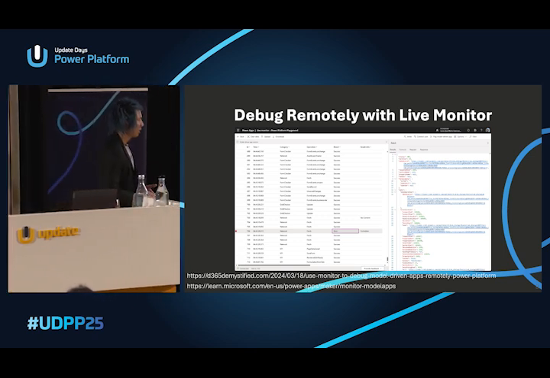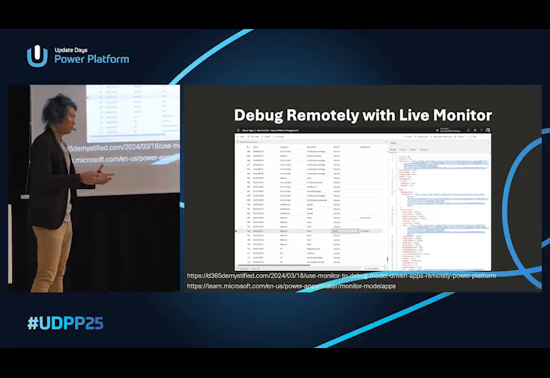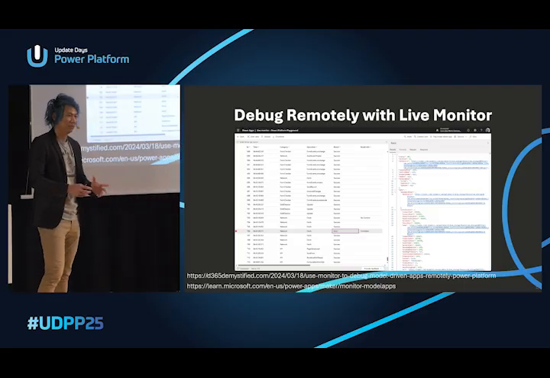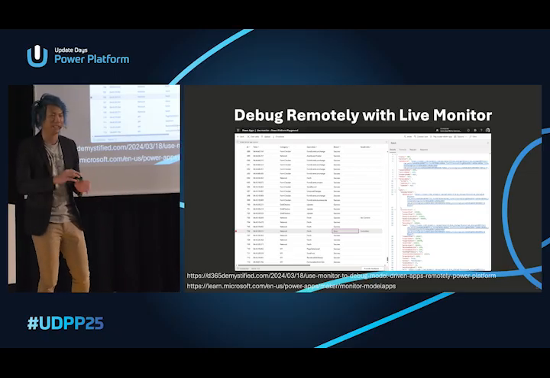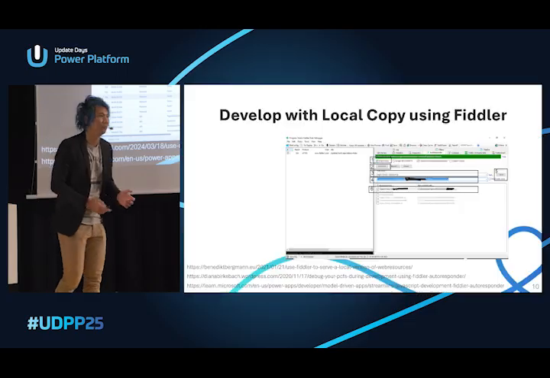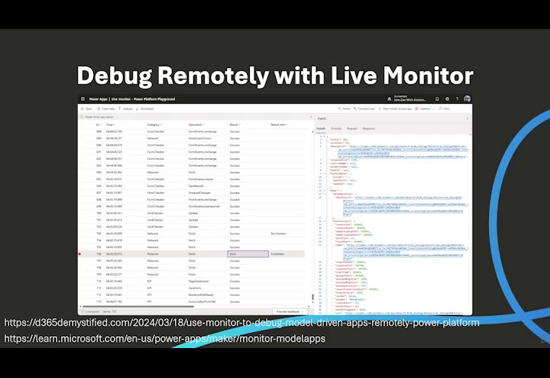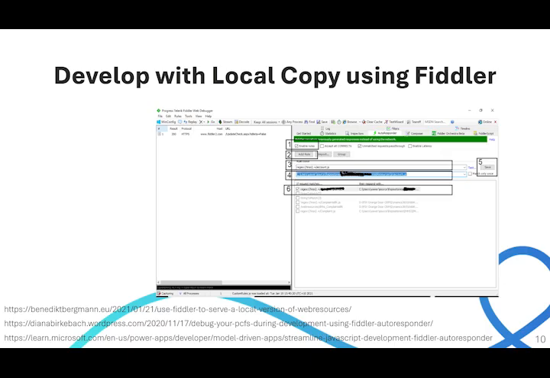And oftentimes we have to develop and debug, save, publish, make changes. Oh, it's not working. Save, publish. So we waste a lot of time, right? So what can we do? We can develop using Fiddler.